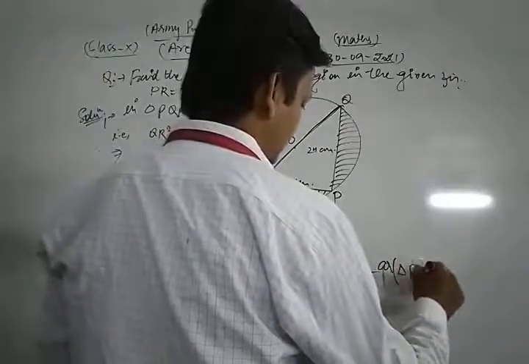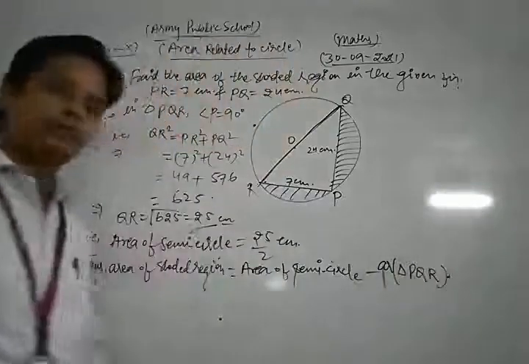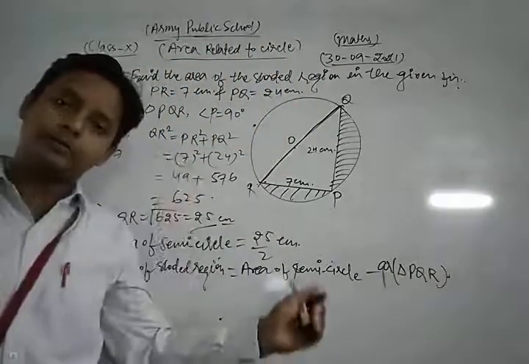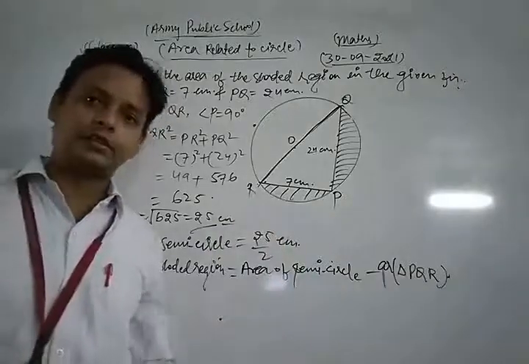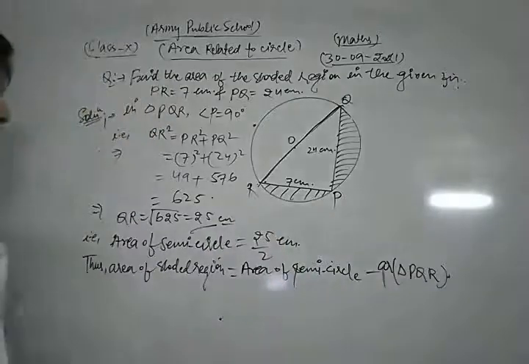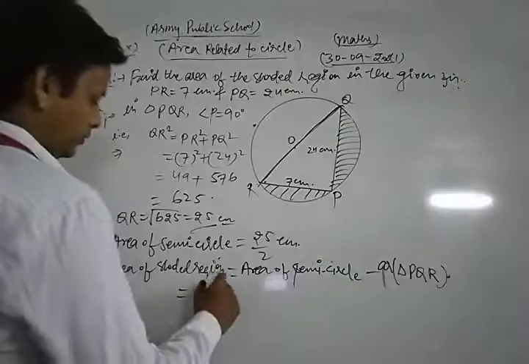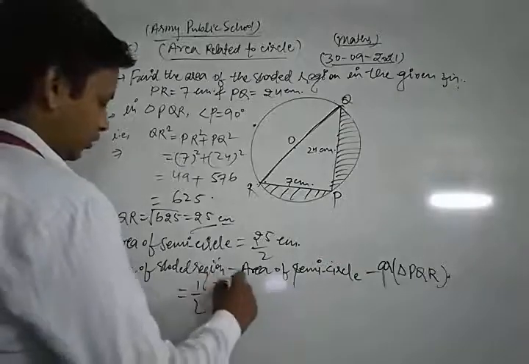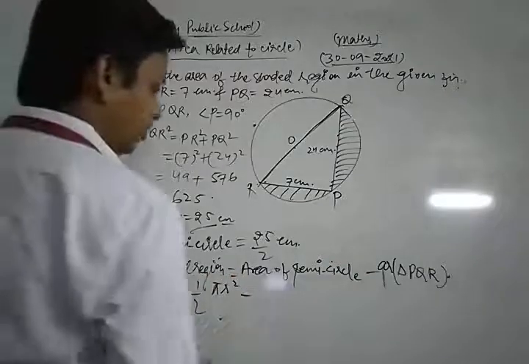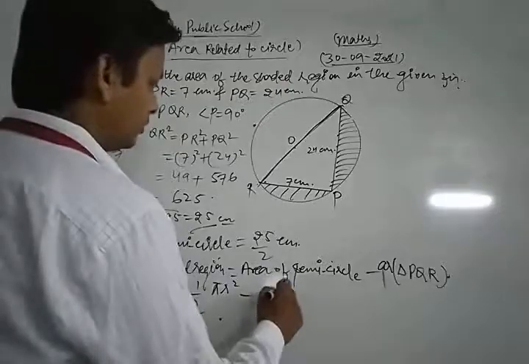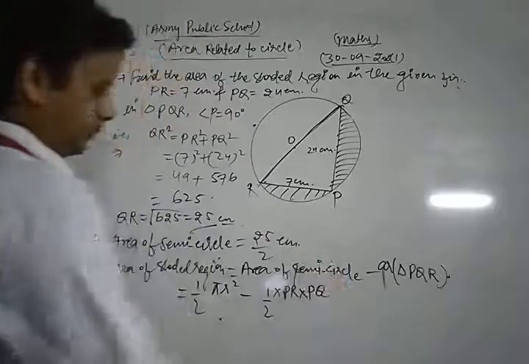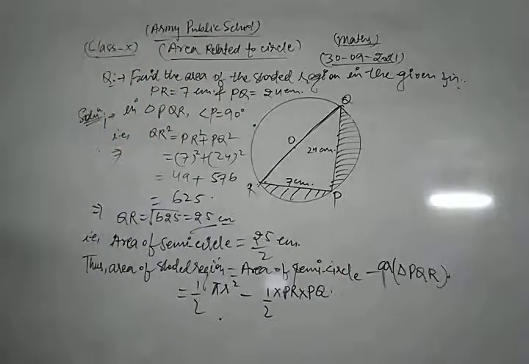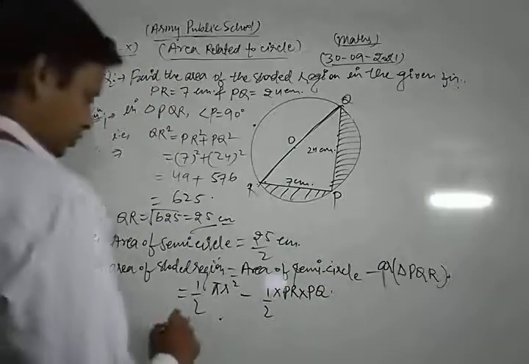The area of the semicircle is 1/2 of pi r square. Area of the triangle is 1/2 base into height, that means PR into PQ. Now we put all the values.